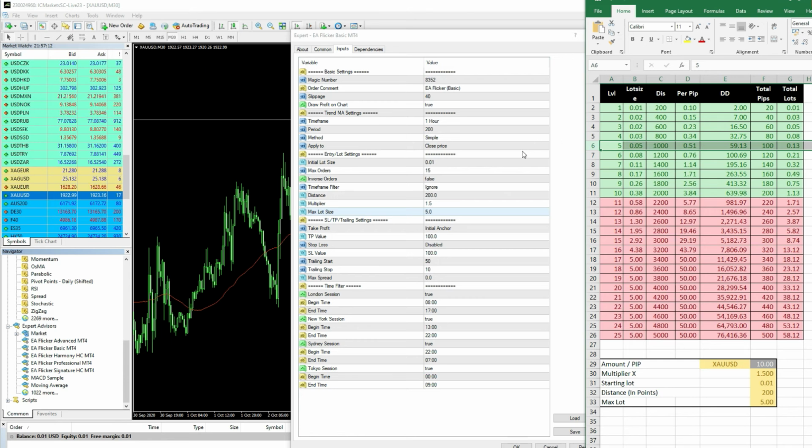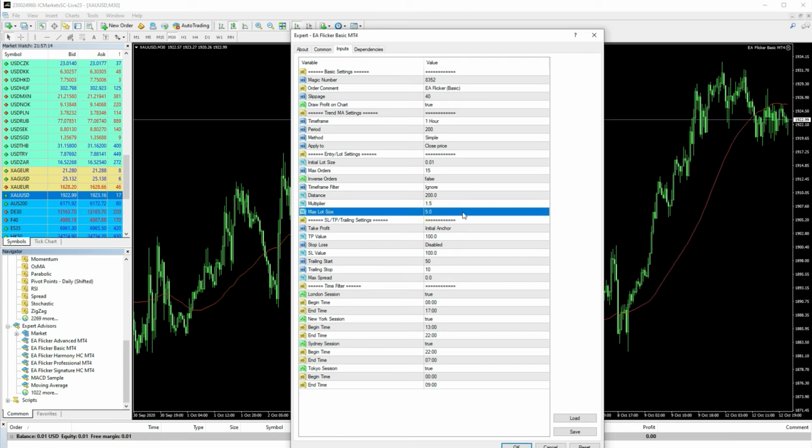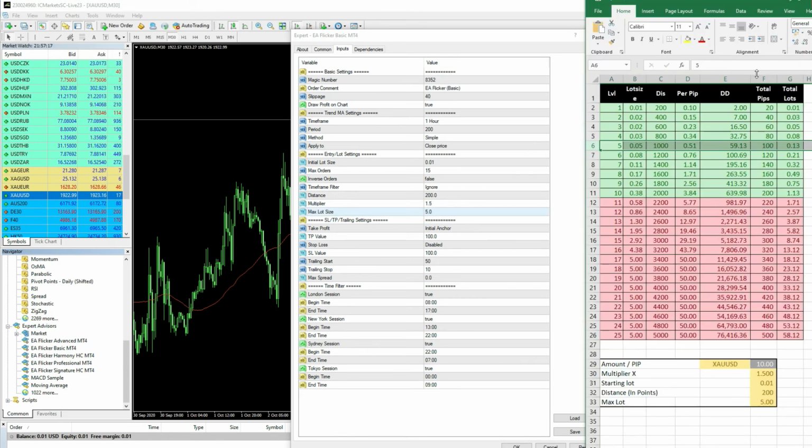Can you imagine if you were to set it at 5.0, how bad it would be? Your account will need to have 11,500. Well, this is the 400%, but if you take into account margin call, you will need easily 20 to 25,000 for it to hit a lot size of 5.